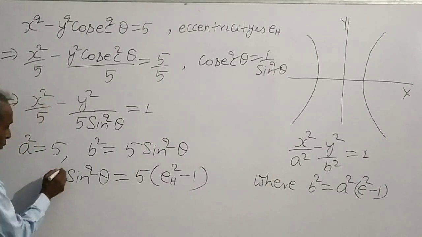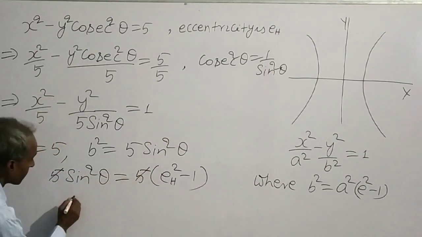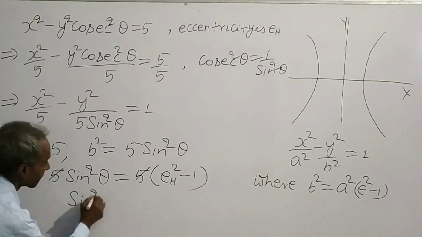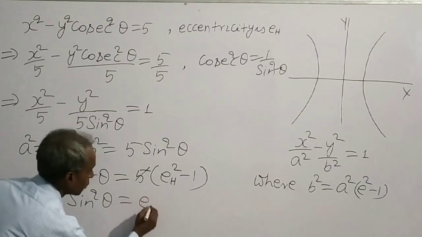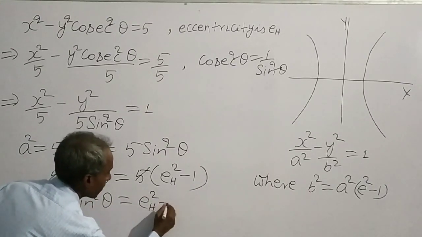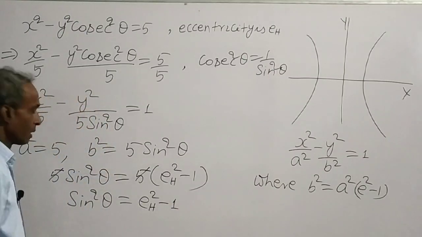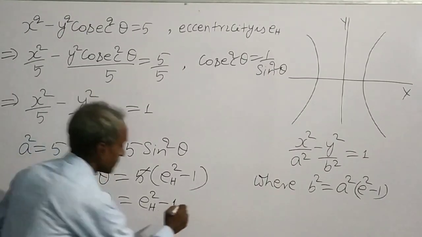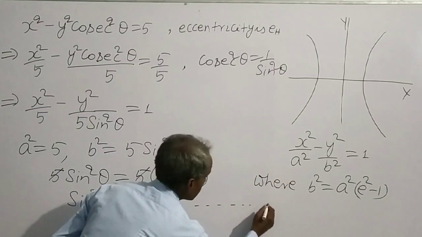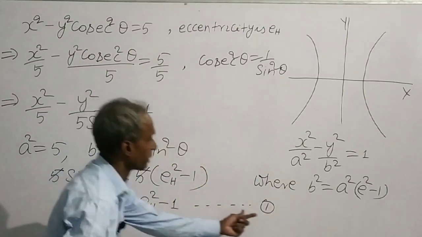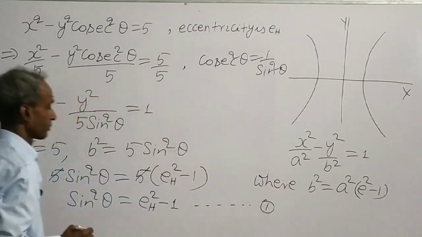Cancelling 5 from both sides, we get sin square theta is equal to EH square minus 1. We suppose this as number 1.